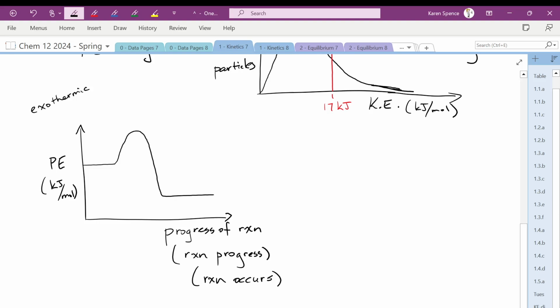If that is our reaction profile, where would we label the activation energy? Where would we start? Where would we finish?